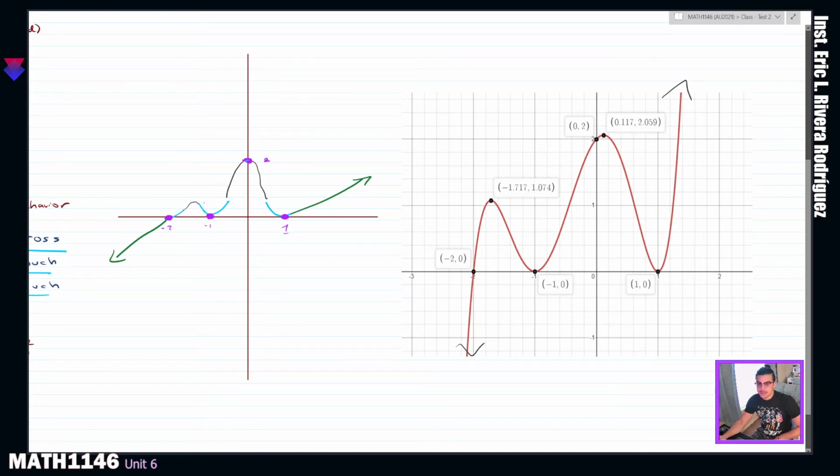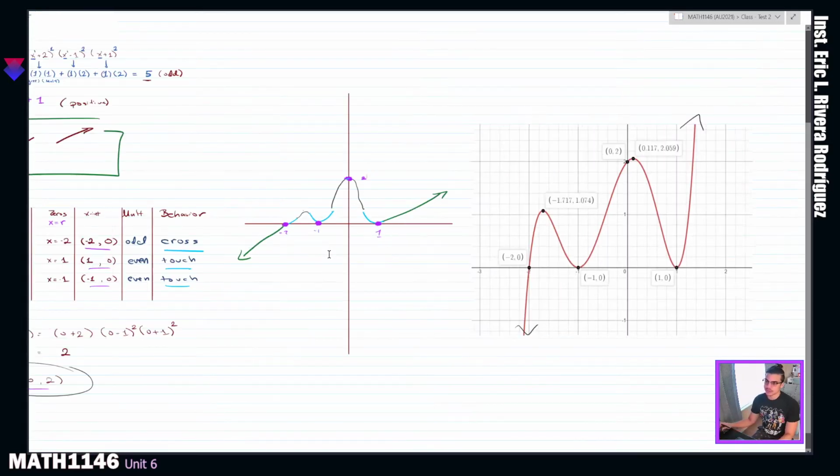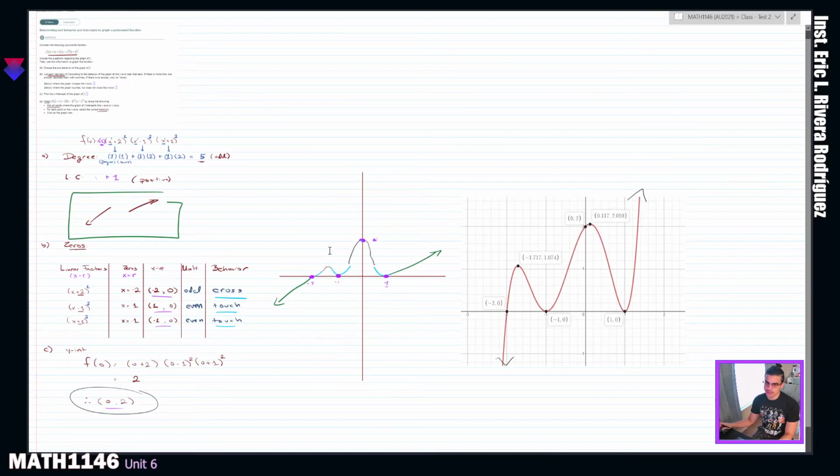Another thing that is important here is that you can see that we have 4 turning points. So 4 turning points means that at least the degree is going to be 5, and that's correct. Or the degree is 5, at most we are going to have 4 turning points. Okay. Any question on this one?